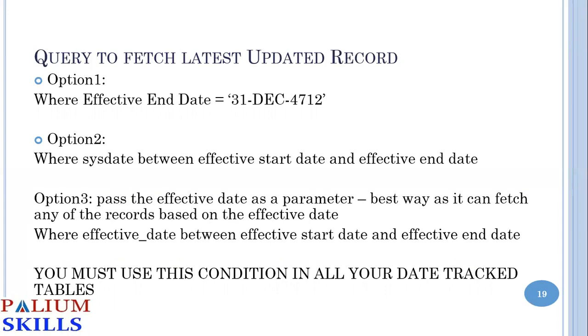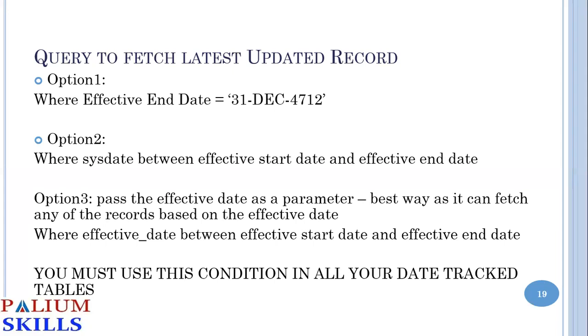So option one, where effective end date is 31st December 4712. You can write your entire query, and at the end, you can say where effective end date is equal to 31st December 4712. And this condition must apply to all the date track tables in your query.